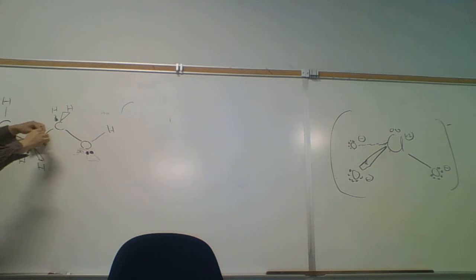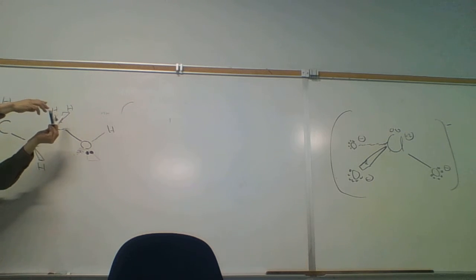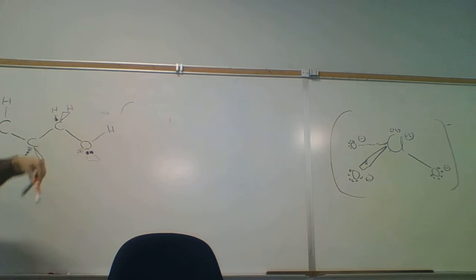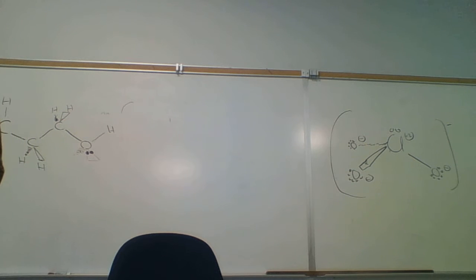Yeah, and so what I have is like this. I have this in the plane of the board, and this is sticking out. One is sticking out this way, and one's sticking in. And so tetrahedral is, you think of two V's. So we have one V like this, and then we'll make another V like this.